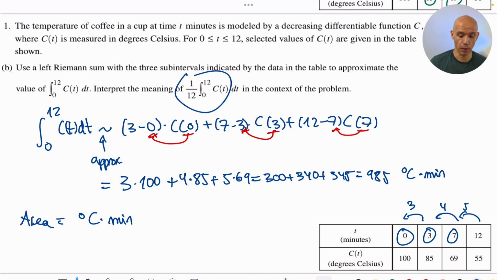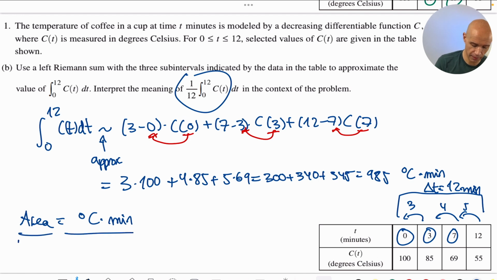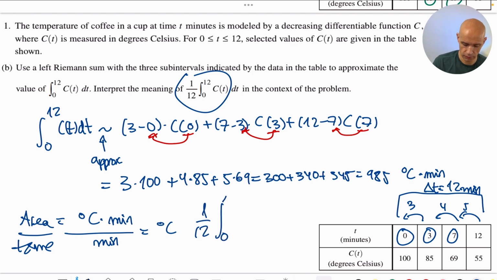What is the meaning of 1 over 12? Notice that 12 is the whole time elapsed, 12 minutes. So if you divide this quantity by time, you get back degrees Celsius. So the meaning of 1 over 12 of this quantity has the units of degrees.